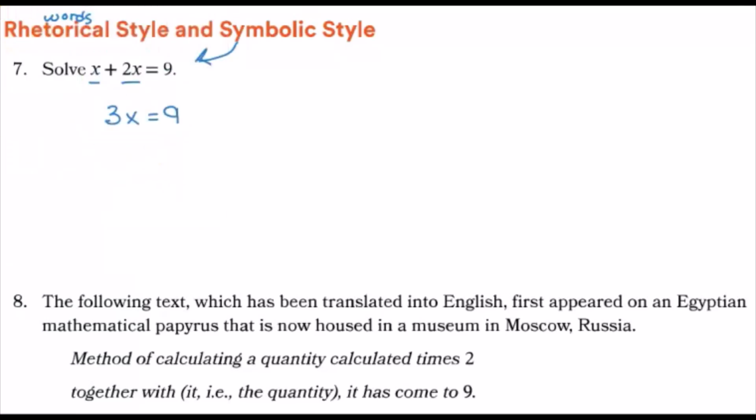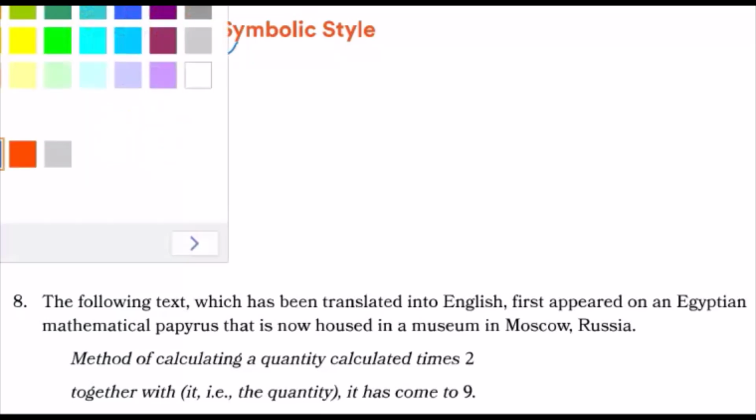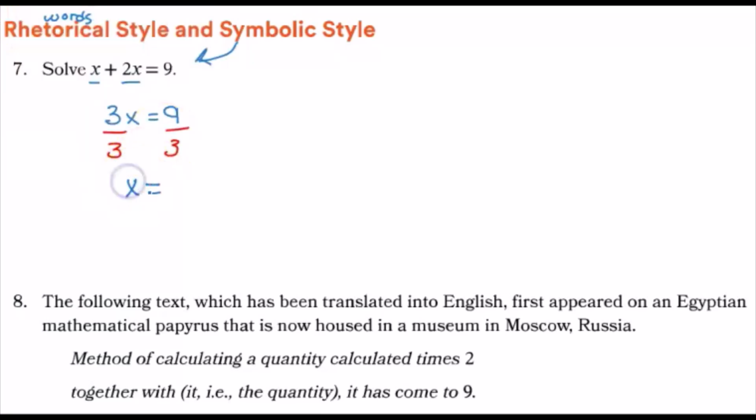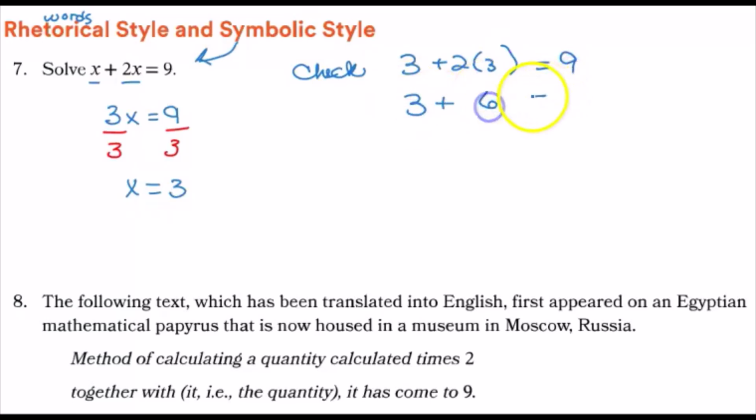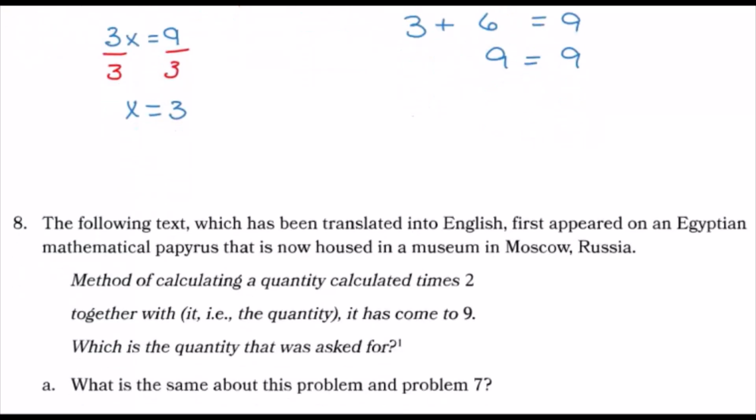And then we want to divide both sides by 3, and then x equals 3. Check that right away. 3 plus 2 times 3 is 3 plus 6, 9. Yes, it is. We are correct.